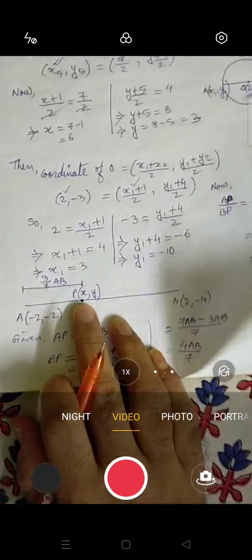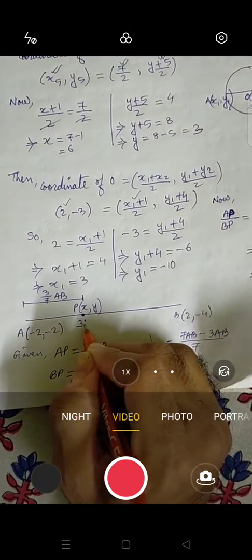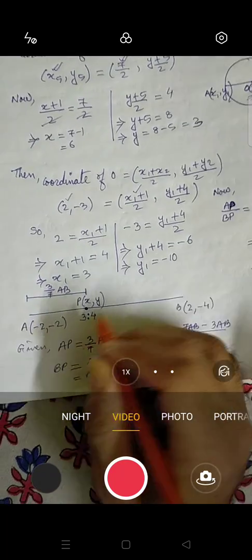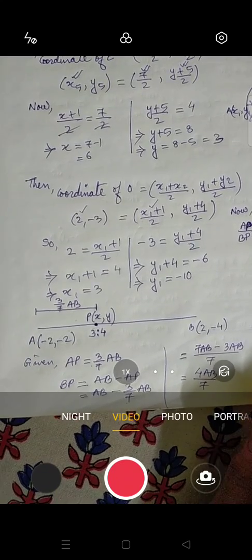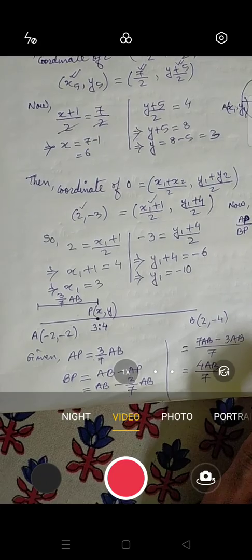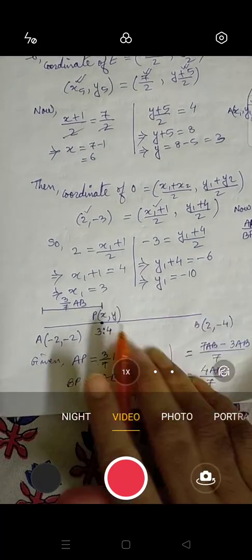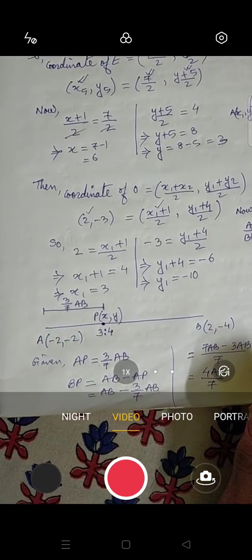No problem. Now this P, wherever you have drawn the diagram, here at this point you can write 3:4. Now you will use the section formula to find the coordinate of P. After writing this ratio, you will say coordinate of P, use the formula, and then find the coordinates.